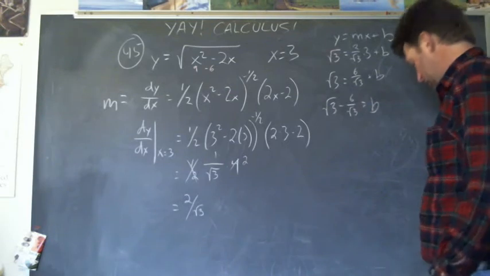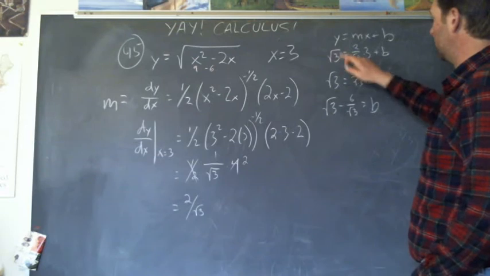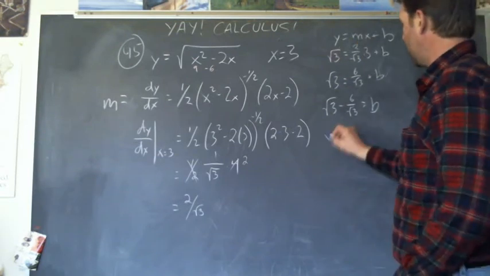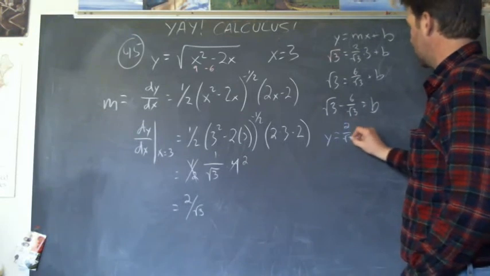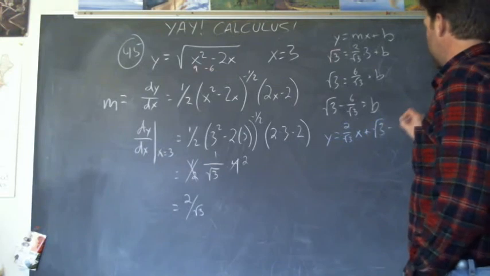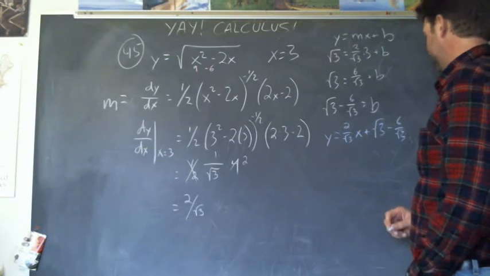I'm writing our equation just like we have up here. We'll keep the y, we'll keep the x. Now our m and b are solved for. We have y equals m, which is 2 over radical 3, x plus radical 3 minus 6 over radical 3.